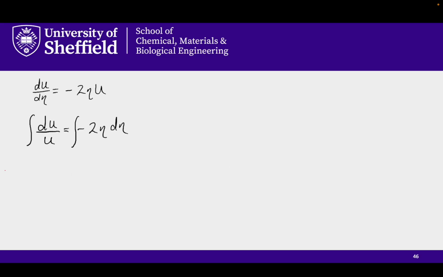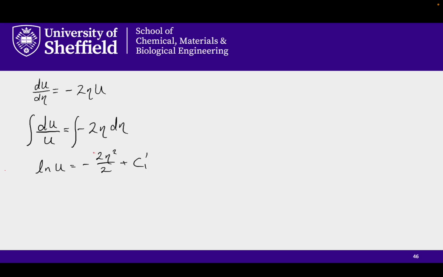If we go ahead and do that, all the u terms go to the left-hand side, all the eta terms go to the right-hand side, and we get an expression containing u.